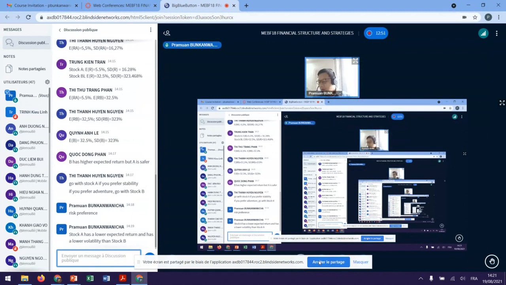Because stock A and stock B cannot be compared. They just have a different risk profile and return, right? Stock A has a lower risk and lower return, and stock B is higher risk and higher return.